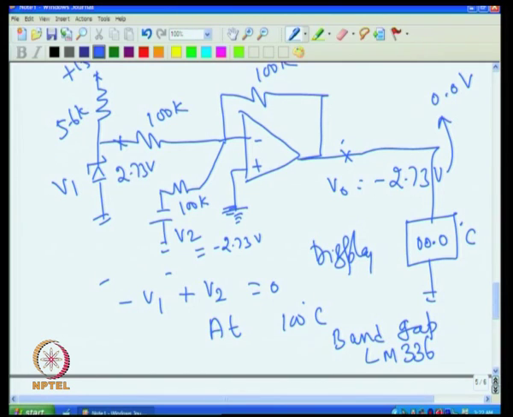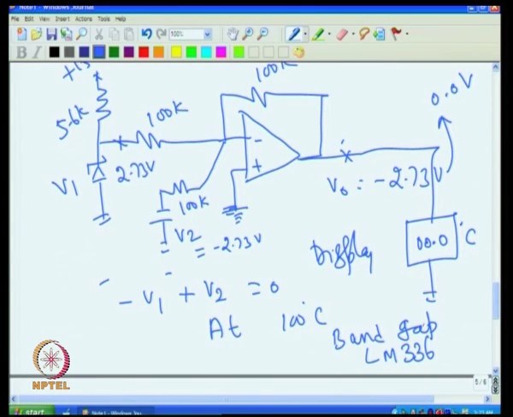It is available in 2.5 and 5 volt variety. So, they will give a very stable voltage against temperature. With the temperature the voltage of the Zener changes only 30 parts per million.